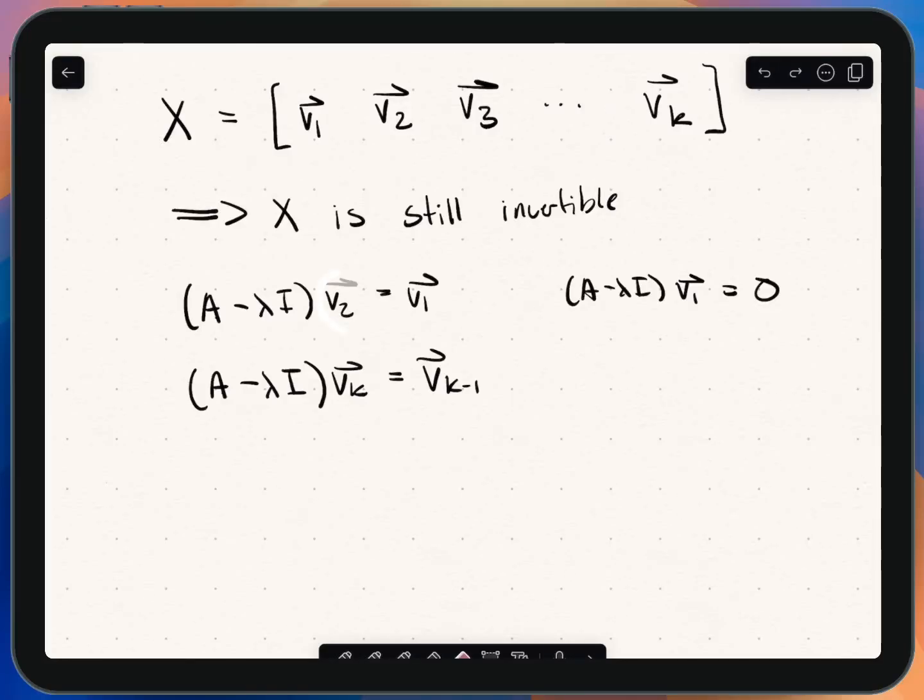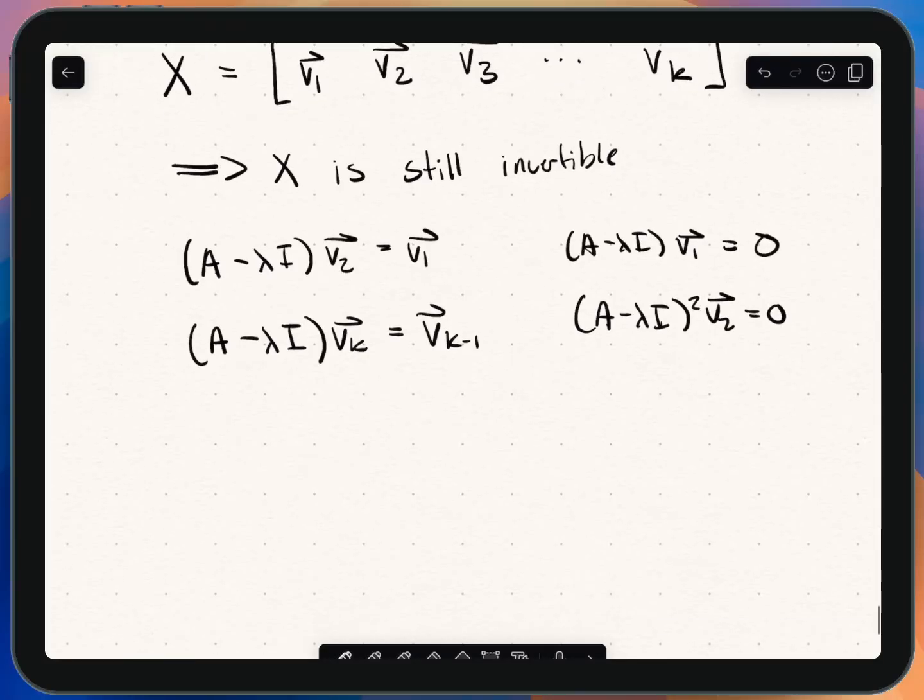So if we have this form, we saw that here we had to apply A minus lambda I twice to get to 0. So again, if I apply (A minus lambda I) to the k to one of our vectors, I am guaranteed to get the 0 vector.